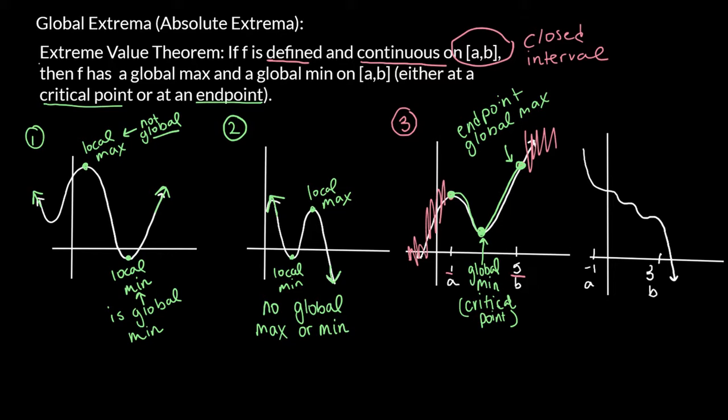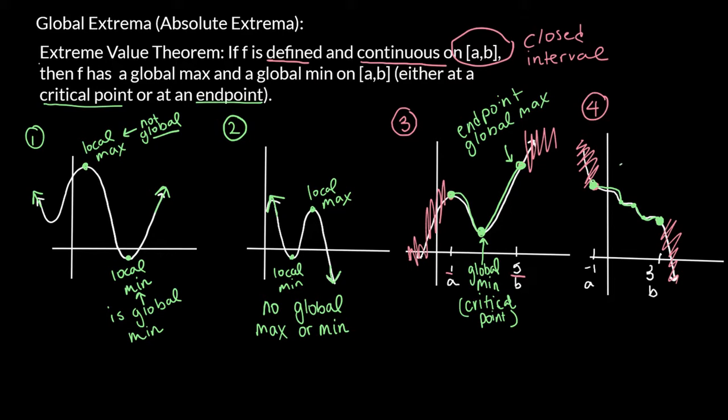In this fourth example, we're going to look at the closed interval from -1 to 3, and we're going to ignore the rest of the graph. So here is our section of the graph that's continuous and defined that we care about. And on that interval, we have a couple bumps. So we maybe have some local mins and local maxes in here, but what we're looking for is the global min and the global max.